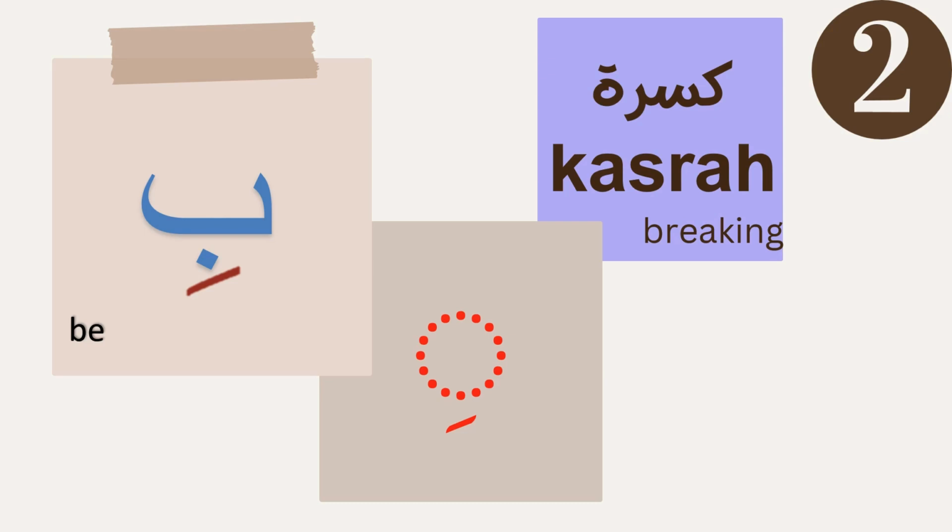It literally means breaking, and it's called breaking because we break the letter with it, because it produces the E sound. So in this example here, when it's put under the ba, we will pronounce it like bi. Okay, so this is Kasra.